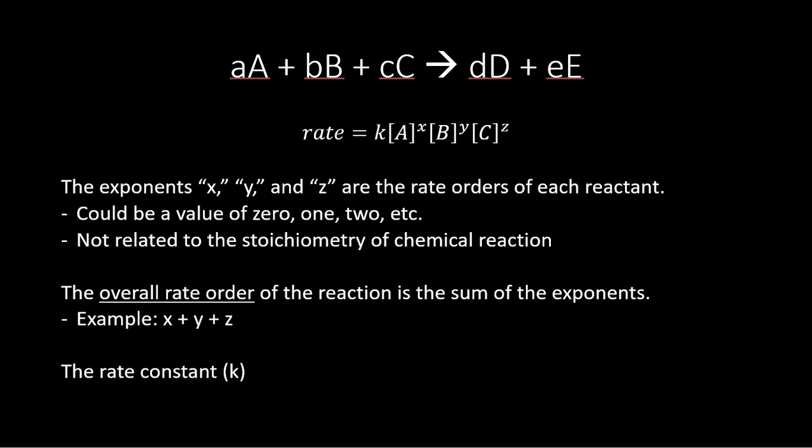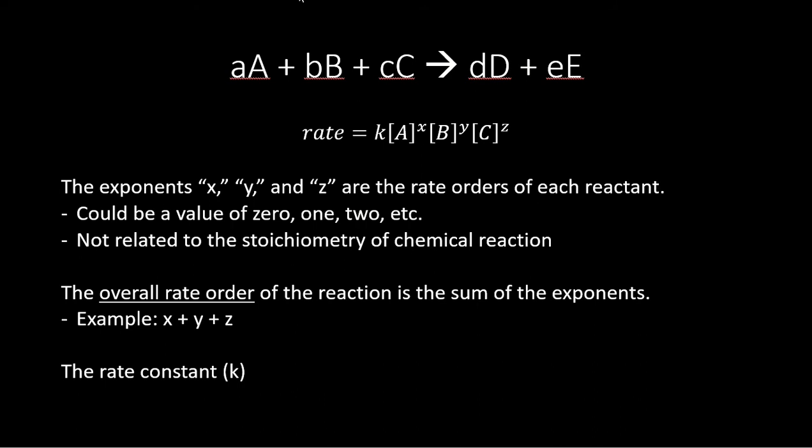Now, one thing to note, though, is that those exponents, those rate orders, have absolutely nothing to do with the stoichiometry of the chemical reaction, whereas relative reaction rates or average rates of change of a reaction did involve the stoichiometry. These instantaneous reaction rates will not involve stoichiometry.